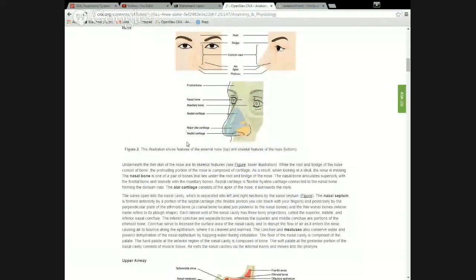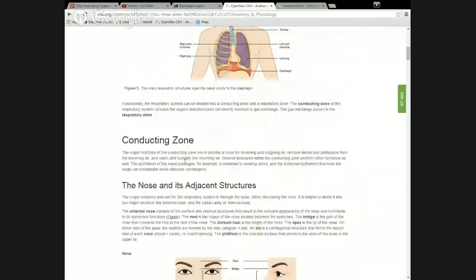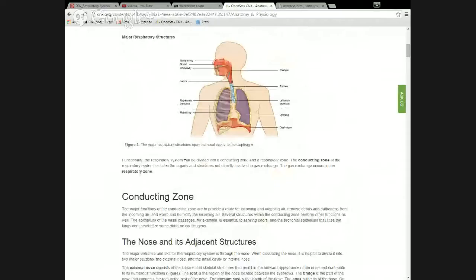Okay. So to describe these, I actually want to go to using the models over here, which is slightly unfortunate for the recording. So I'm going to try to keep up with the pictures in the book a little bit. Like I just said, the book presents it as the conducting zone and the respiratory zone.